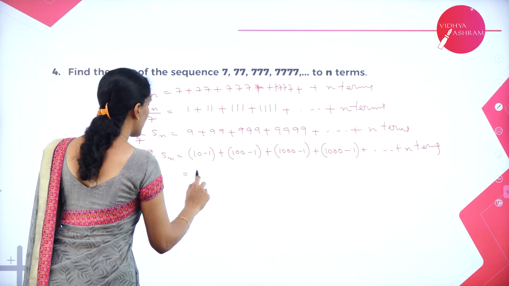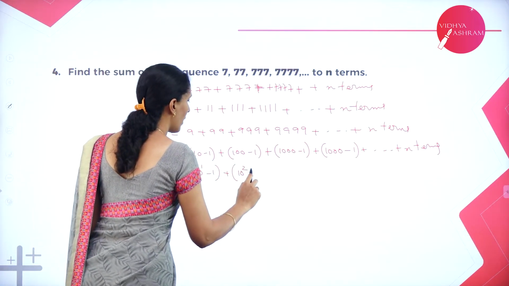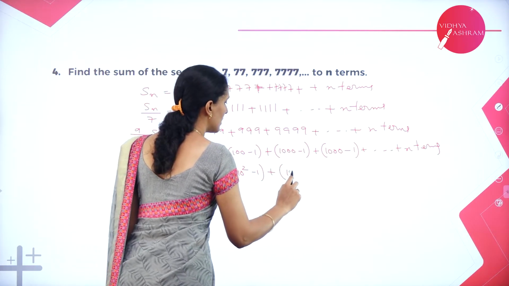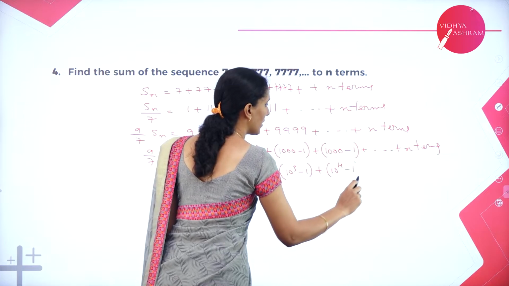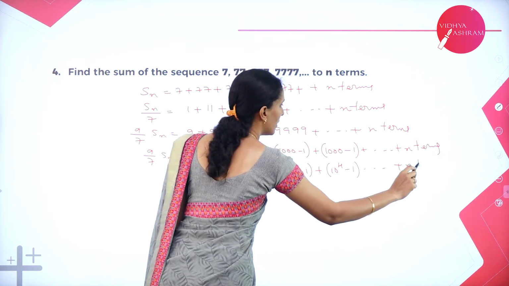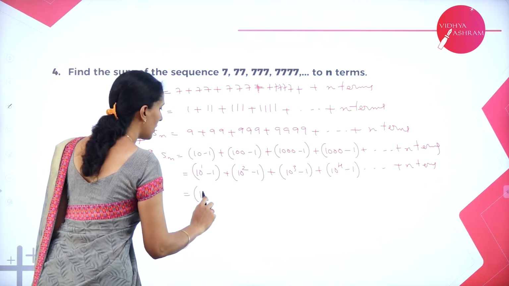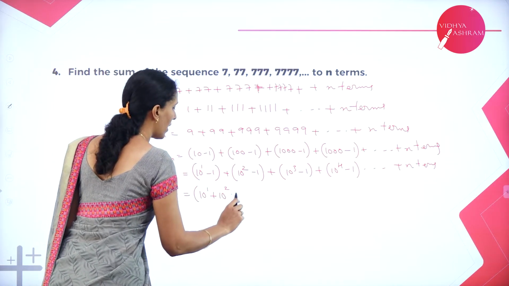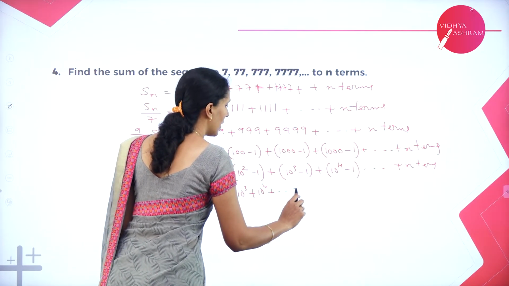I can write this as 10 power 1 minus 1 plus 10 square minus 1 plus 10 cube minus 1 plus 10 power 4 minus 1 until n terms. I can again separate this as 10 power 1 plus 10 square plus 10 cube plus 10 power 4 until n terms.